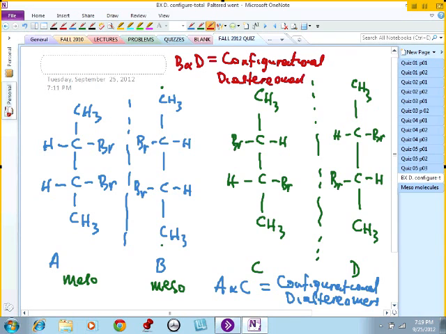So let me define again what we mean by configurational diastereomers.